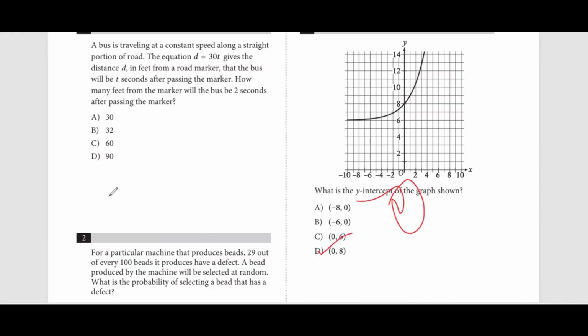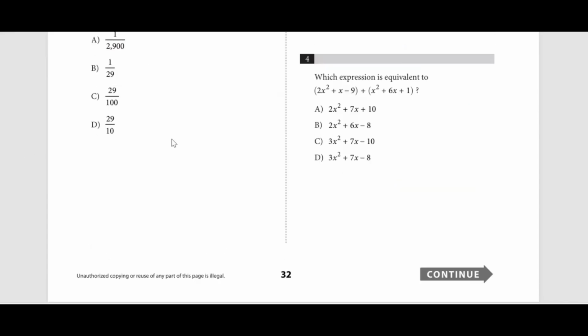Okay. So now the next question, we have question number four. In question number four, we have to solve that expression. To solve that expression, tell me what is the answer from the given options.